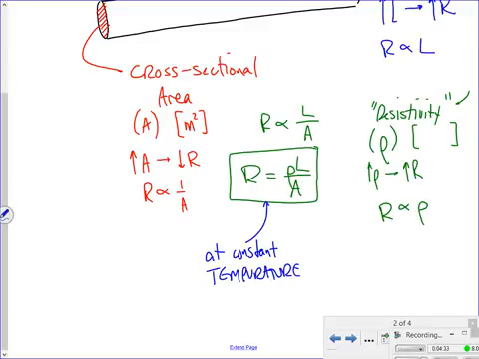Because temperature is another characteristic that can affect conductors' resistance. There are things called superconductors, which have really, really low resistance. In order to make conductors superconductors, they have to be super duper cold. So high temperature means high resistance.